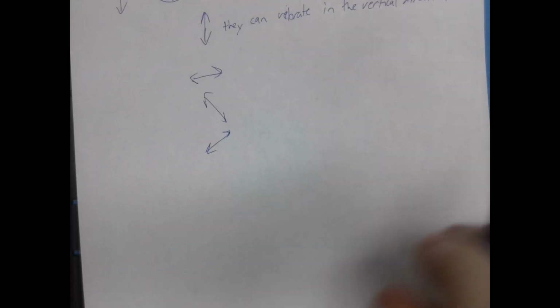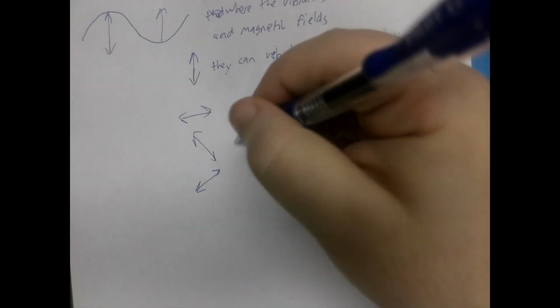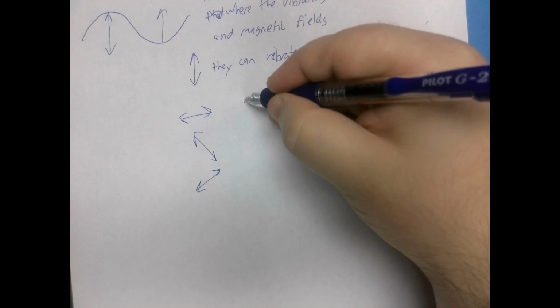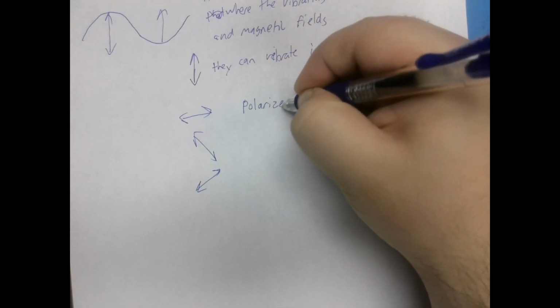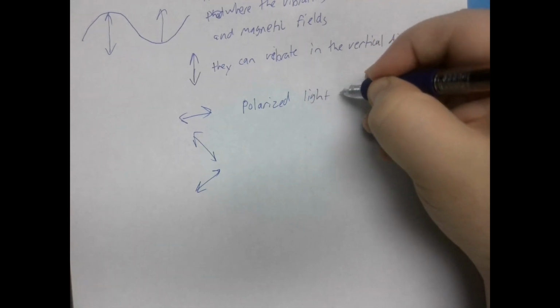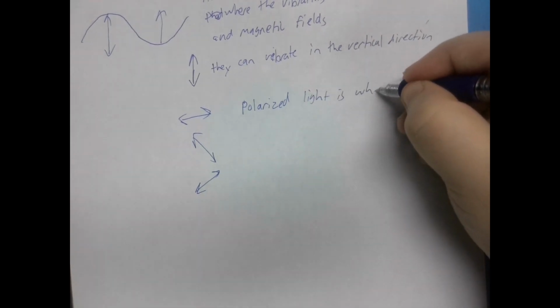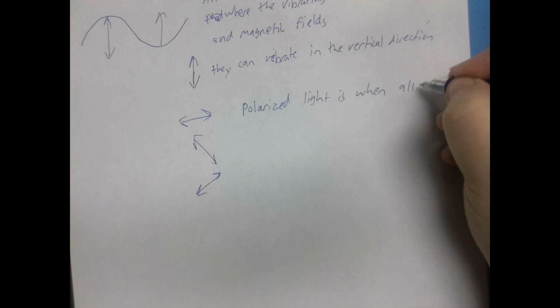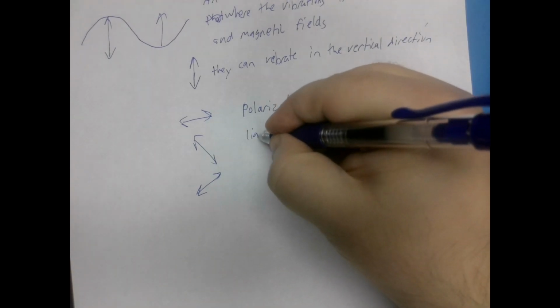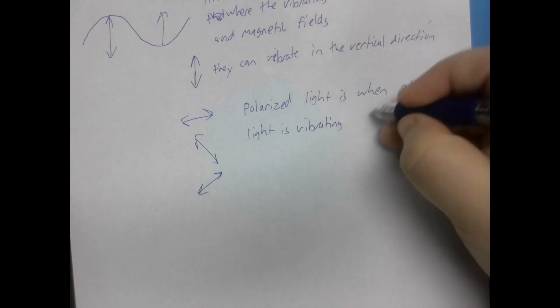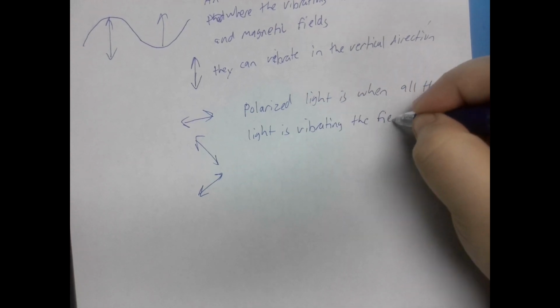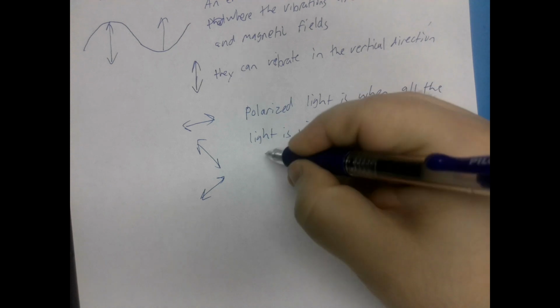Polarized light is when all the light is vibrating, the fields, in the same direction.